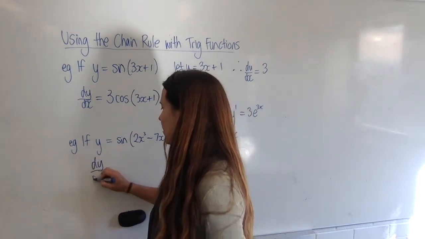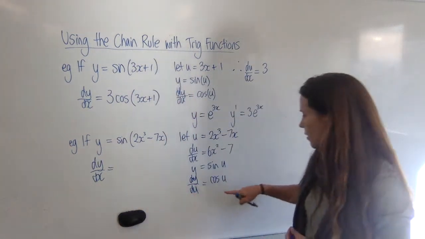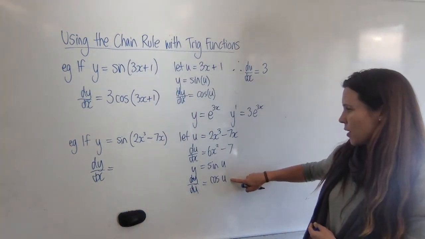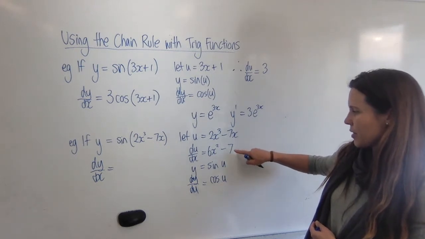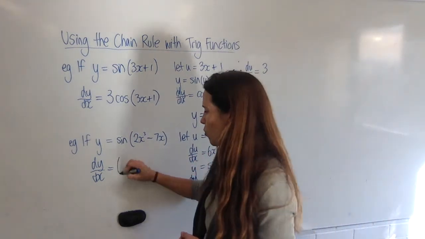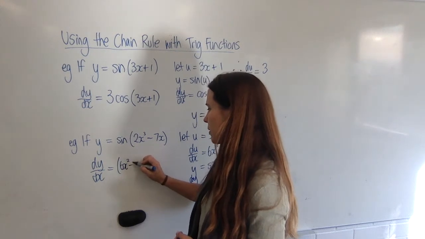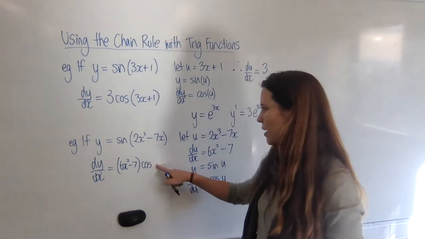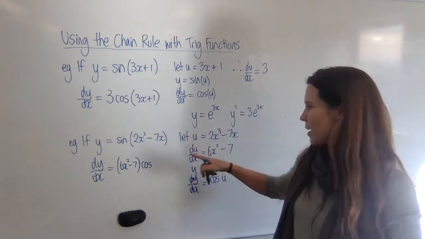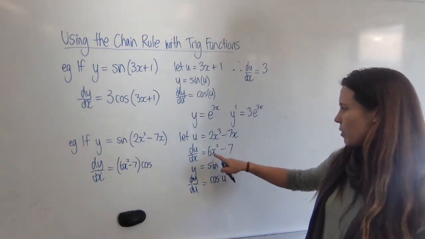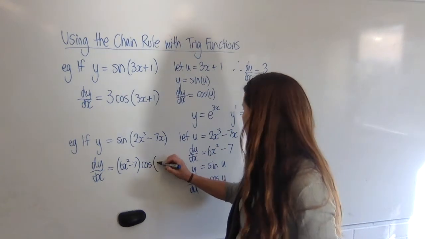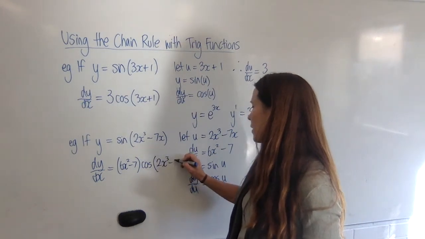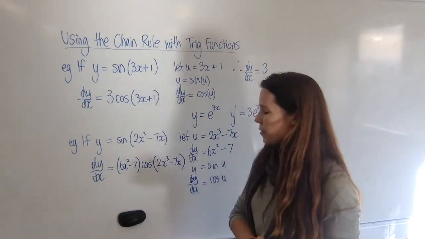Therefore, dy dx is dy du times du dx. So we have this 6x squared minus 7. We'll put that out the front in brackets, multiplied by the cos of. Now we don't want to write u because u wasn't in our question. We just made that up and used it. We want to write what u actually is: 2x cubed minus 7x. And there we have it.